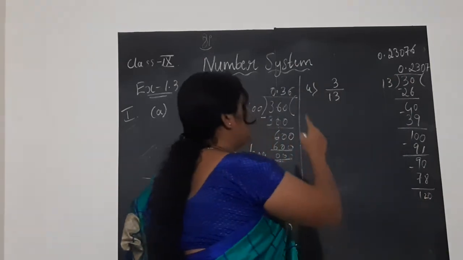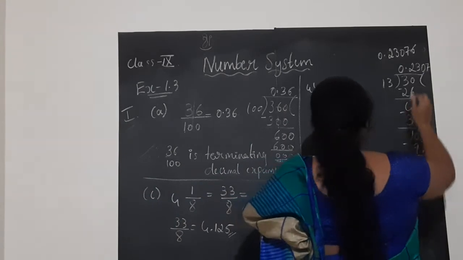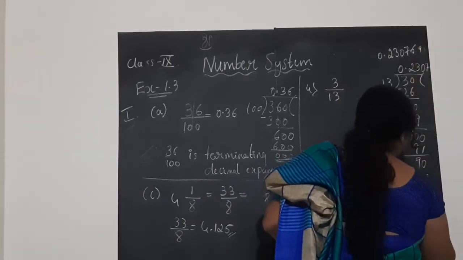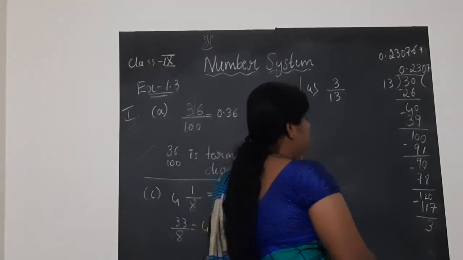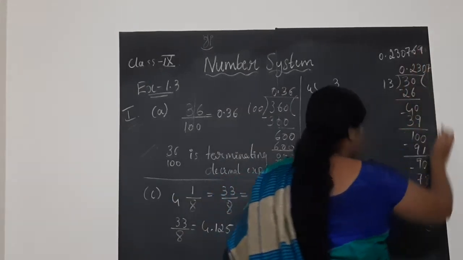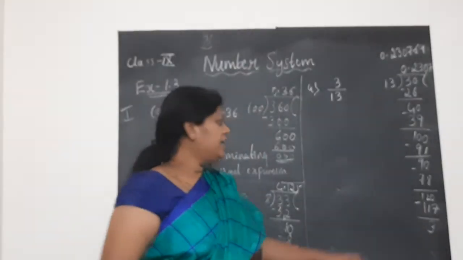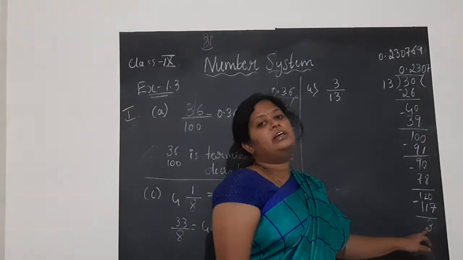Make it 120. The nearest multiple of 13 is 13 9s are 117. 120 minus 117, we are getting remainder 3.